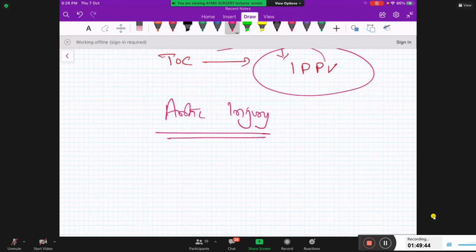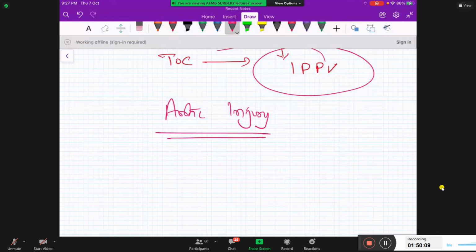Then comes aortic injury. You all have seen that the most common cause of sudden death in blunt thoracic trauma is aortic injury.